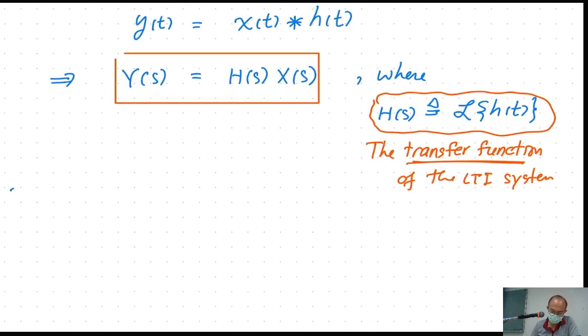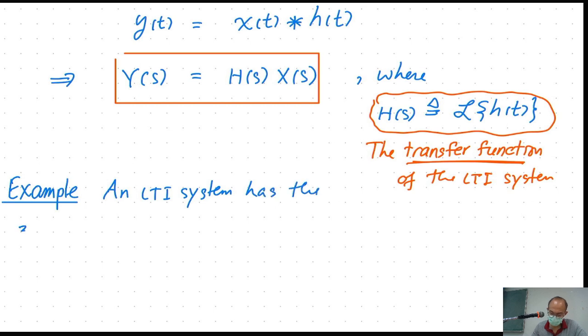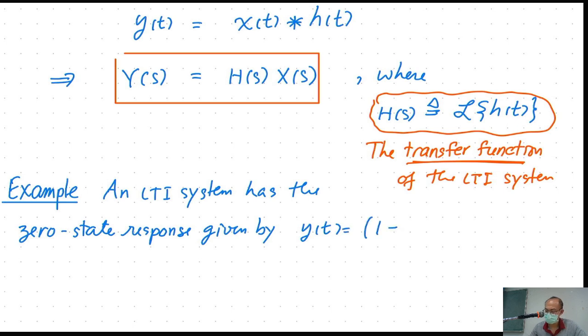So let's do an example. An LTI system has the zero state response given by y(t) equal to (1 minus e to the negative t) u(t), when the input is u(t).